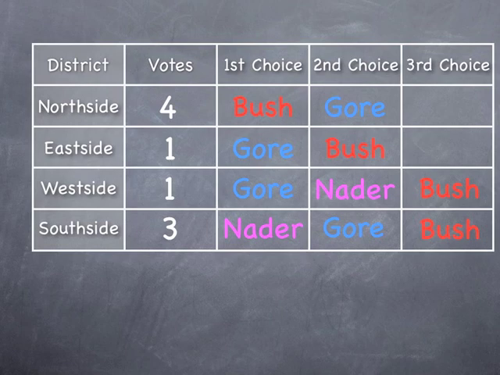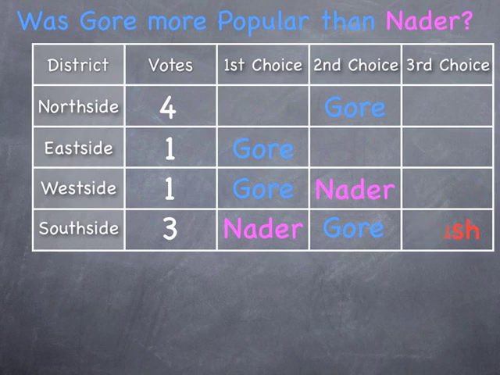But the question remains, was Gore more popular than Nader? And if so, why was he eliminated? We're going to take a look at the voters' preferences. First, we're going to eliminate Bush, so we can see how well Gore did against Nader. Only 3 voters felt that Nader was better than Gore in this example.